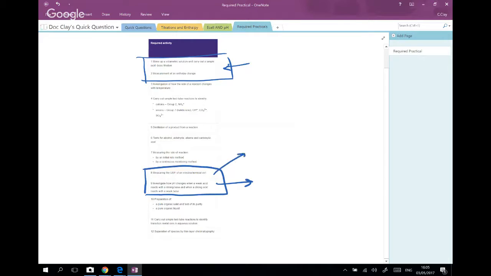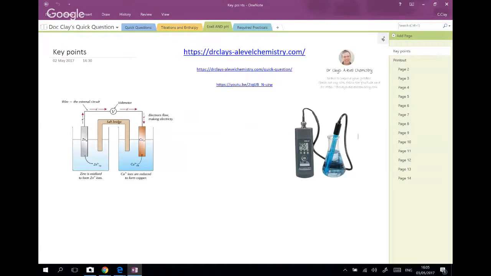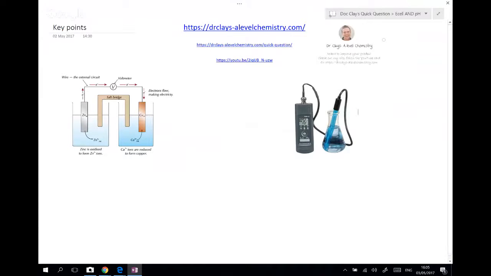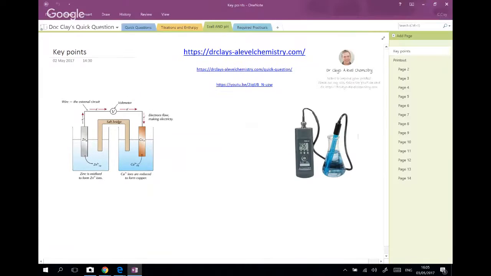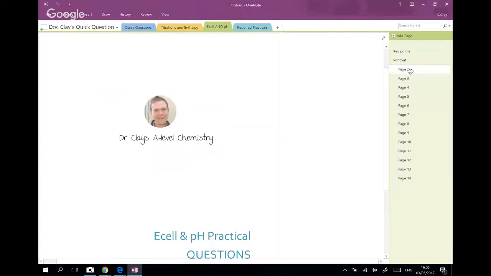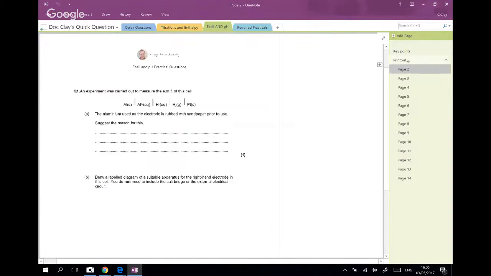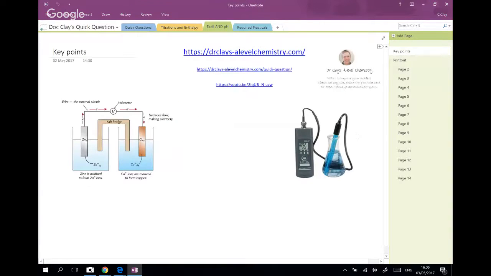And then we're also going to look at the electrochemical cell, and that fits in quite nicely because tomorrow night's webinar, we're going to be looking at electrode potentials and the theory of electrochemistry, again with heaps of resources. So feel free to access the OneNote page here. We've got the key points documents, and then we're going to spend 10 minutes going through some related practical questions for you associated with these two key practicals. All right, so here we go.